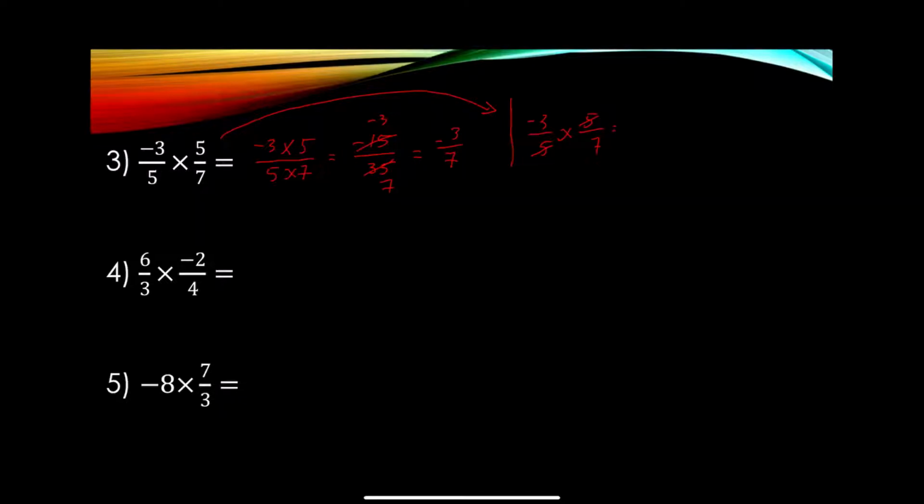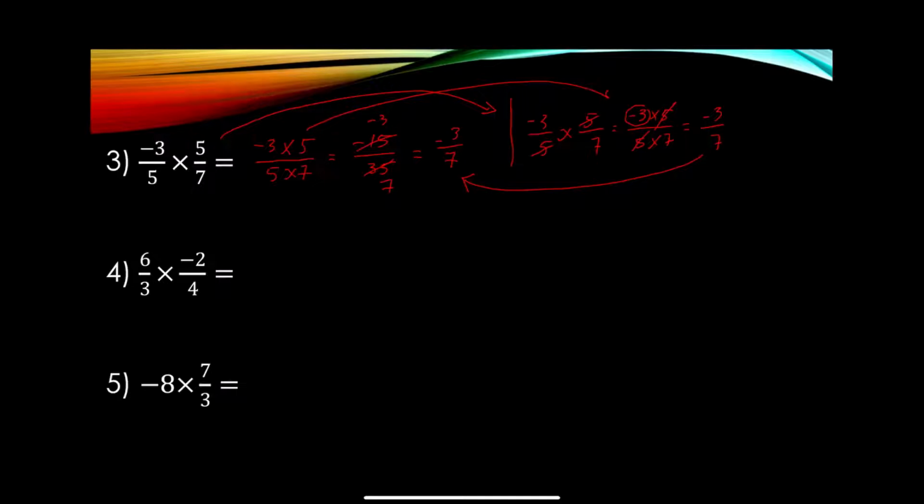Because as we did here, if we write them like negative 3 times 5 over 5 times 7, you can cancel 5 with 5. And be careful, the cancellation only works in the case that you have a multiplication. If you have addition, there's no way to cancel numbers with addition. So the answer is negative 3 over 7, which is exactly the same as here.